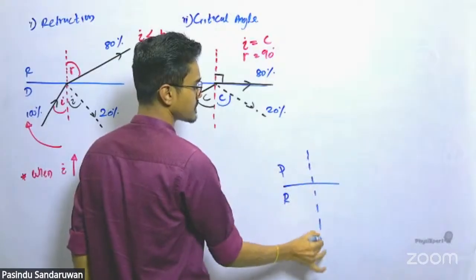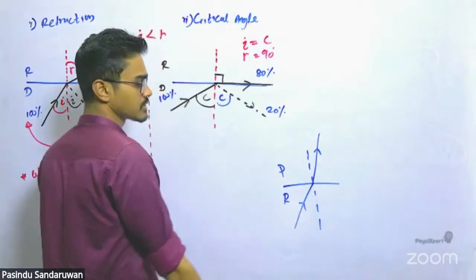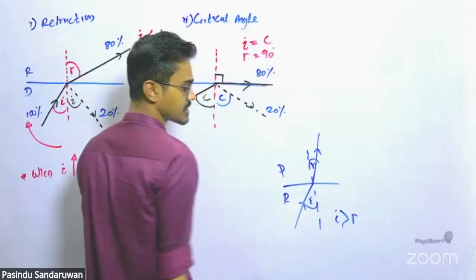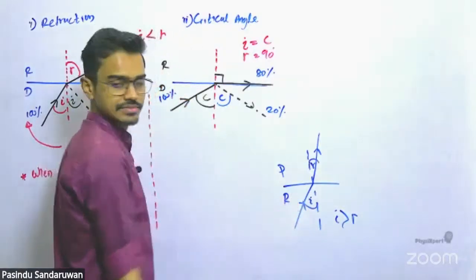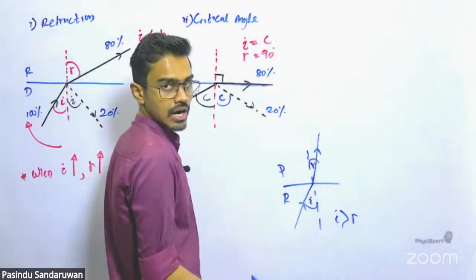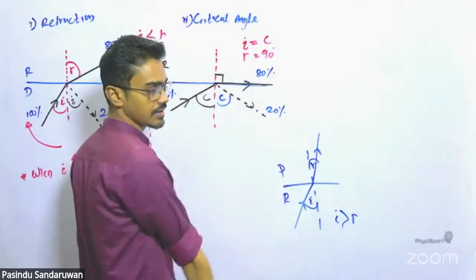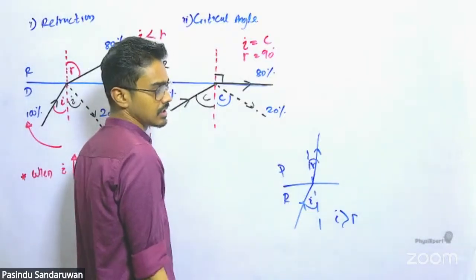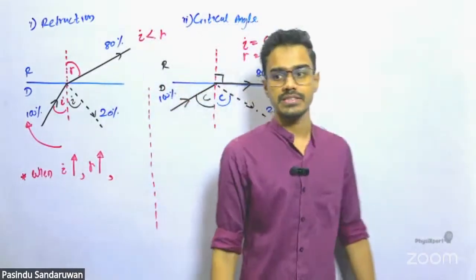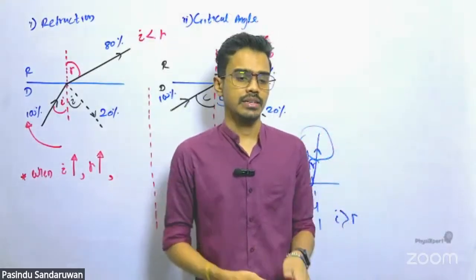Now, if a light ray travels from a rare medium to a dense medium, it bends towards the normal. In that case, I is greater than R. And when I increases, I is going to reach 90 before R does. Then the refracted ray is not going to go through the interface, so there's no critical angle in this case.